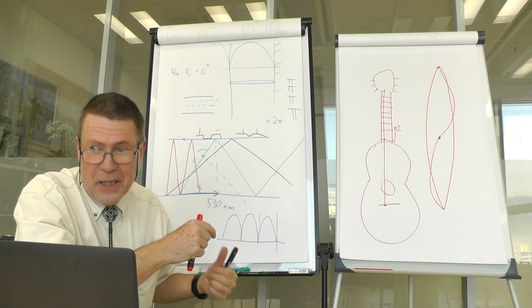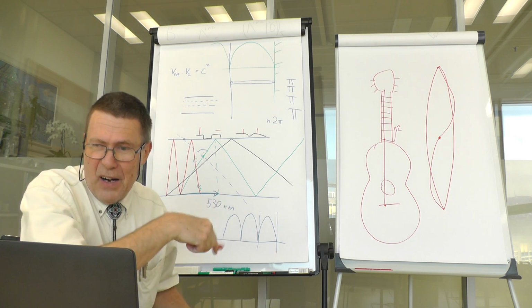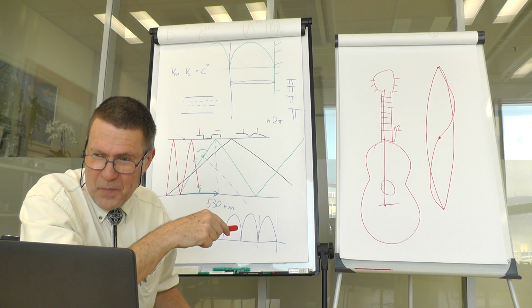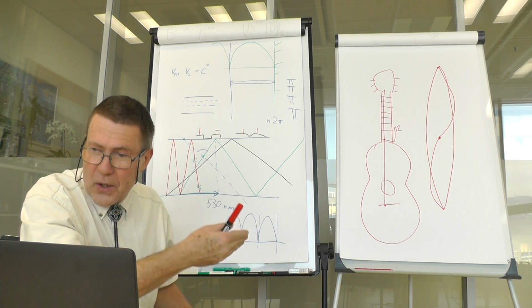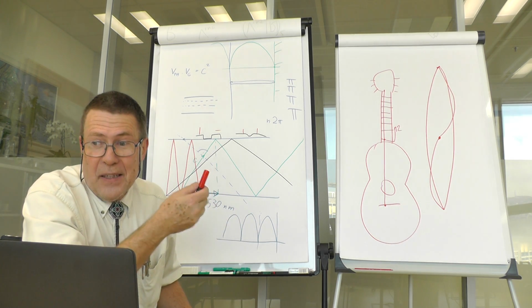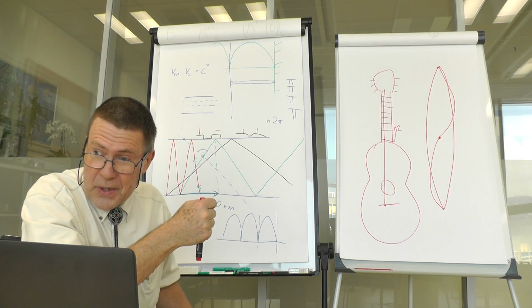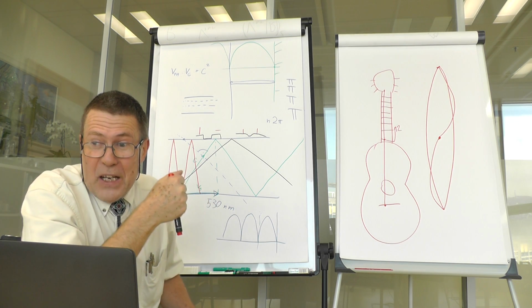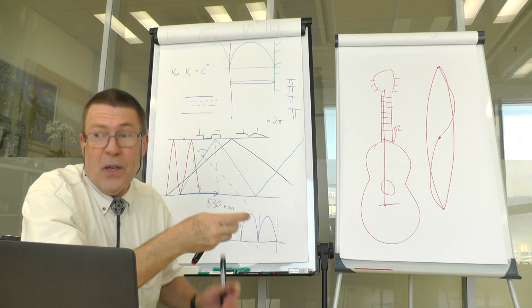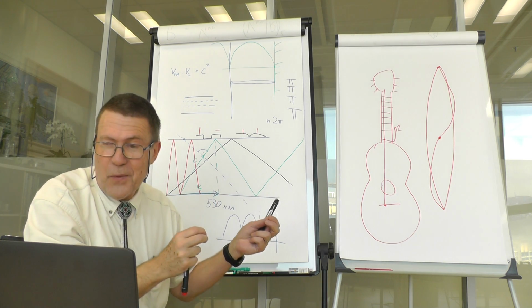And each time it produces a higher harmonic of the original tone. And the nice tone of a guitar is produced as a composition of several harmonics or several modes of the string.